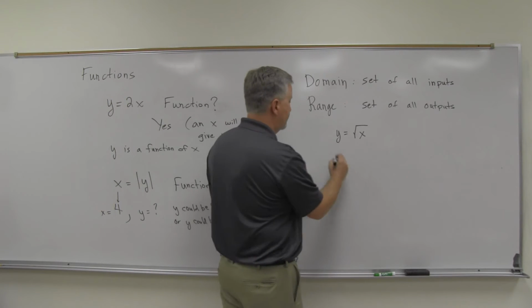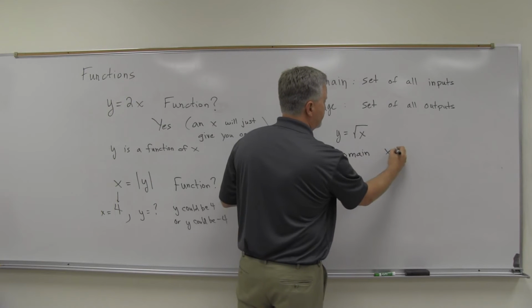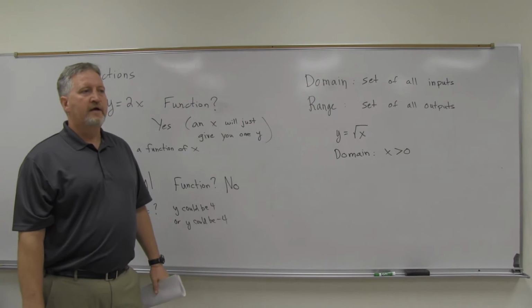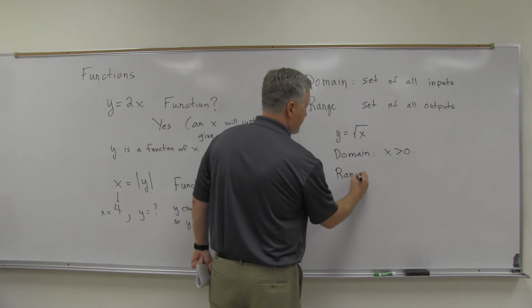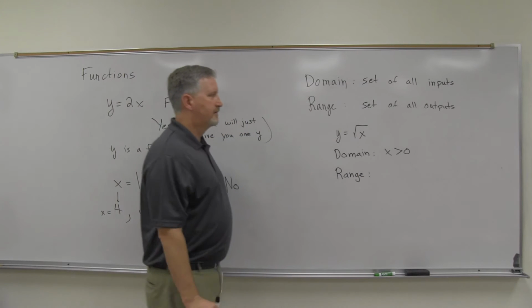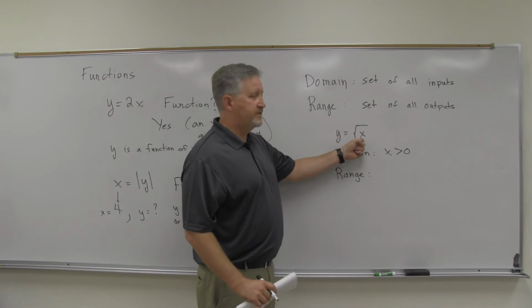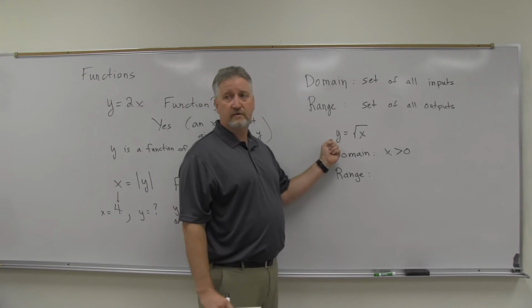X is greater than 0, so that would be my domain here. You see what I'm saying? And we'll talk more about it later on. And the range, what's going to happen on the range? What are the outputs going to be? If I plug in 0, I get 0 for y. Am I going to get anything less than 0 for y?